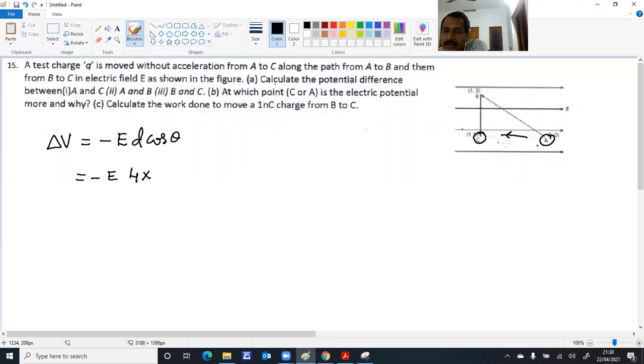The force and the displacement are in the same direction, right? Okay, so theta will be 180.